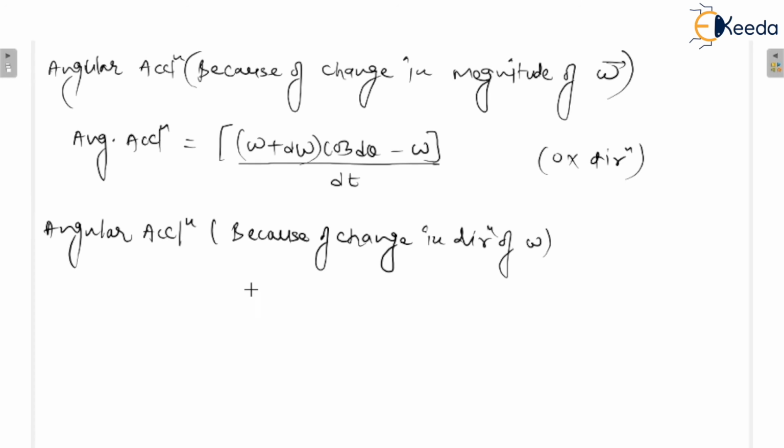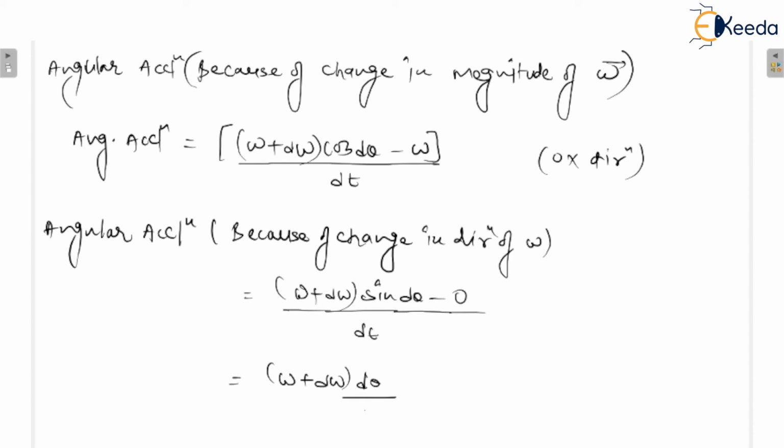We have to consider the vertical component, that is omega plus d omega sine of d theta. Initially there is no vertical component of angular velocity. Upon dt it becomes omega plus d omega, and we know that theta is very small, a differential angle, so sin d theta becomes d theta upon dt.